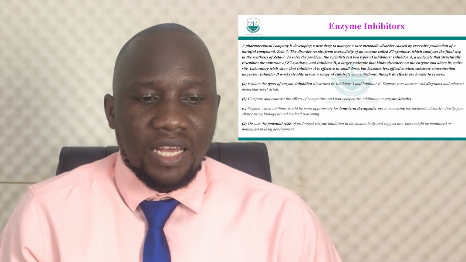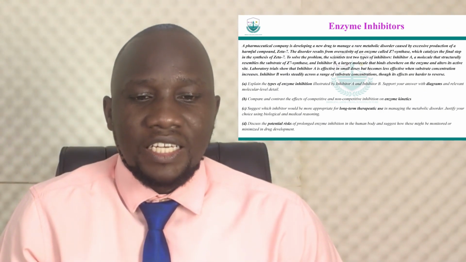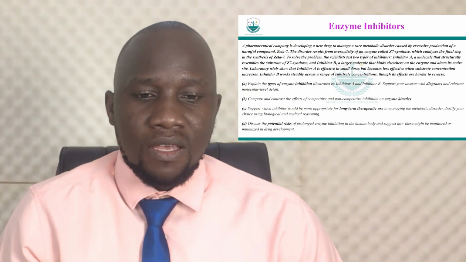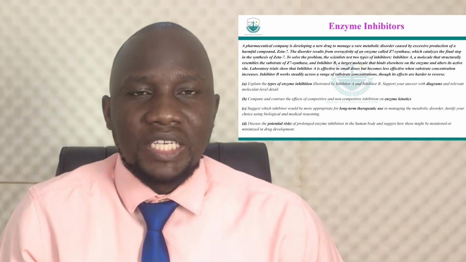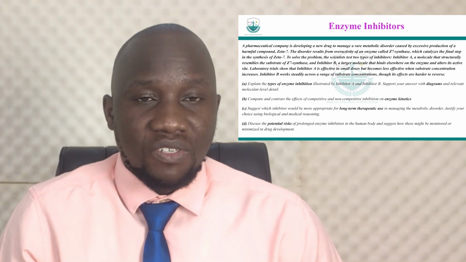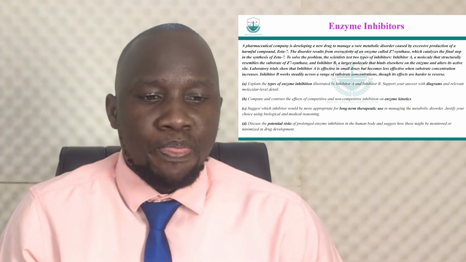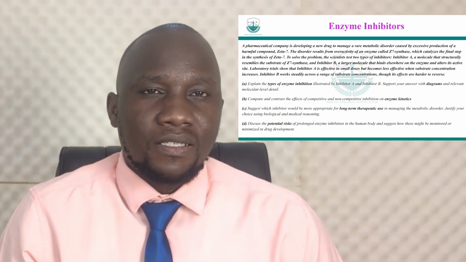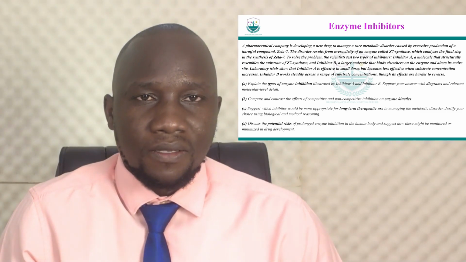Okay, so what the scientists are doing is that they are testing two inhibitors. One inhibitor, that is inhibitor A, is a molecule that structurally resembles the substrate of Z7 synthase.